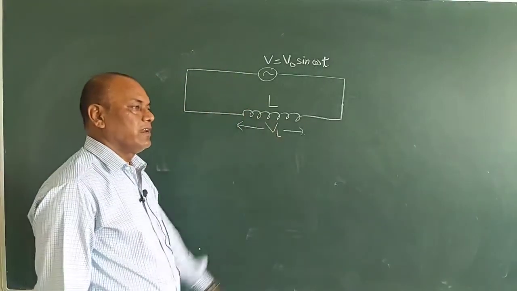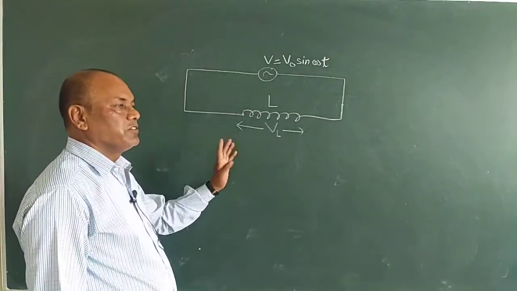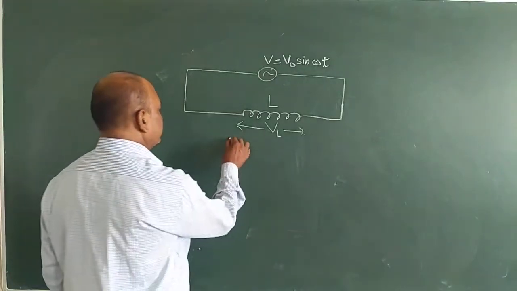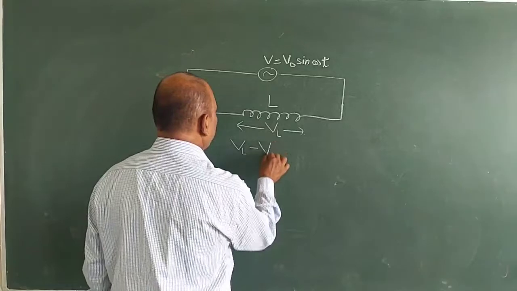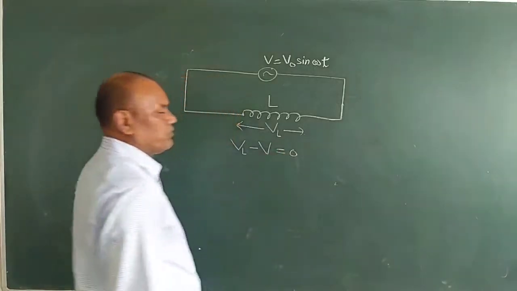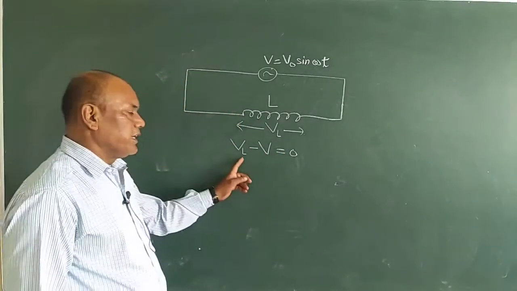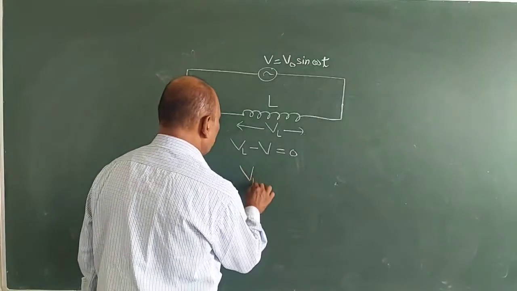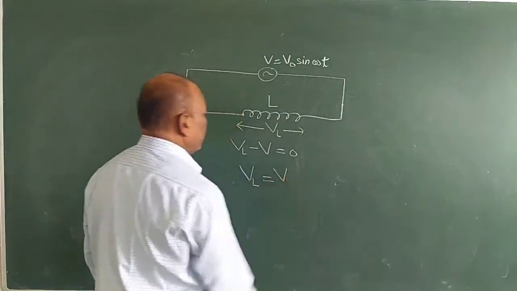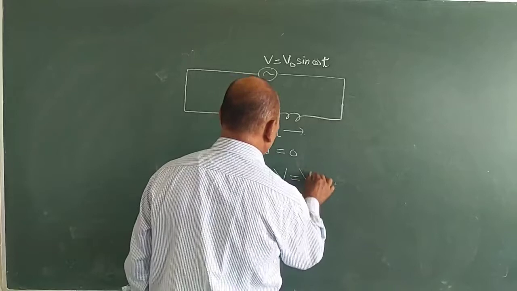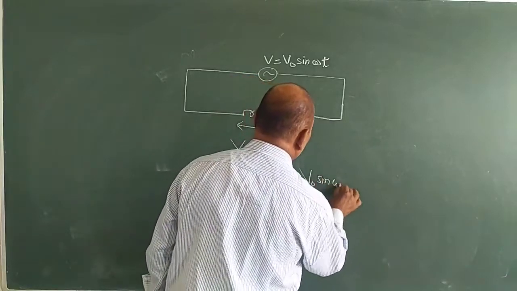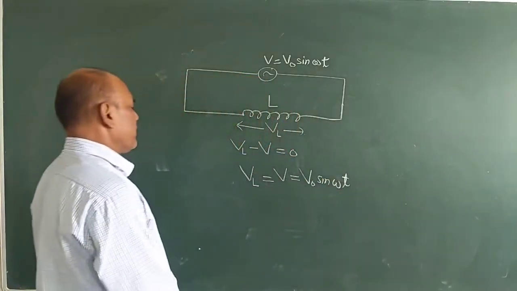By Kirchhoff's second law, where sigma V is equal to 0, we can say that VL minus V is equal to 0. Therefore, VL is equal to V, and this is equal to V0 sin omega t.